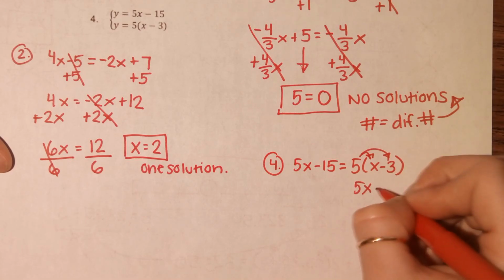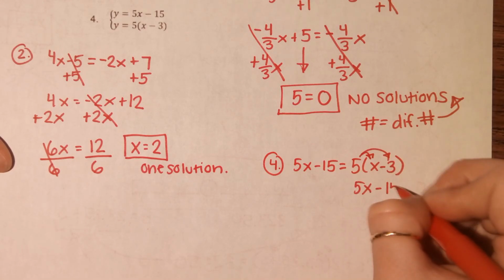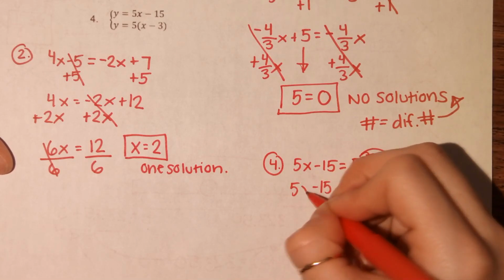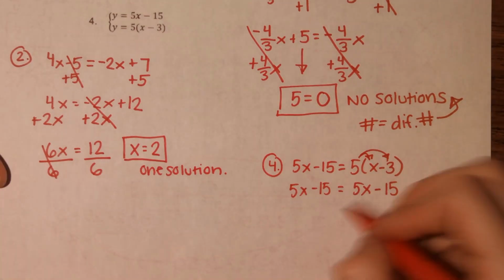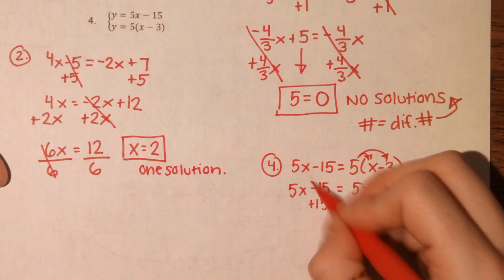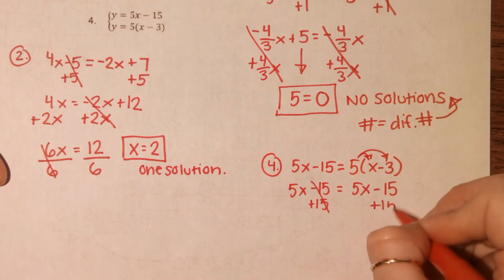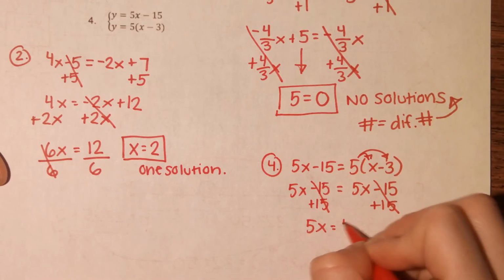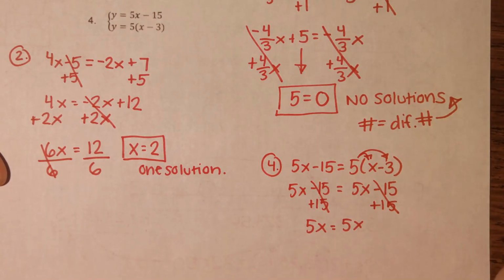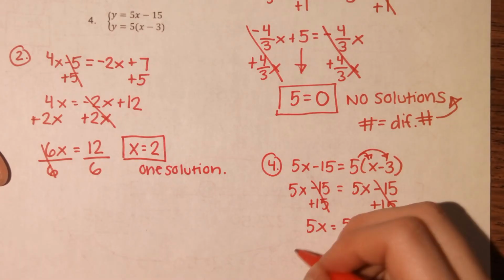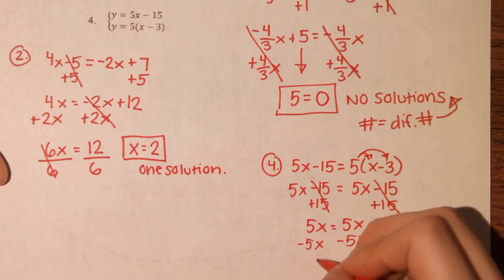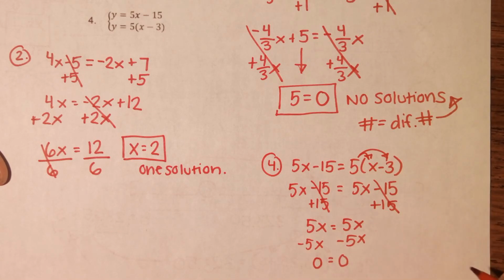But that also technically cancels out this one. So we get 5x equals 5x. Oh, well, I kind of want to get my variable on one side of the equation. So I subtract 5x to both sides, and I end up getting 0 equals 0. And when you have 0 equals 0, that's an infinity solution. Because our rule is a number that equals the same number equals infinity solutions.